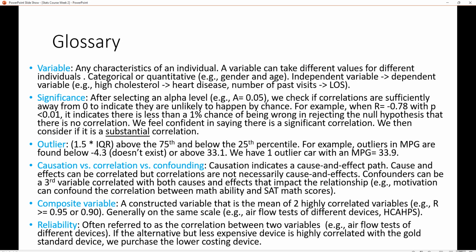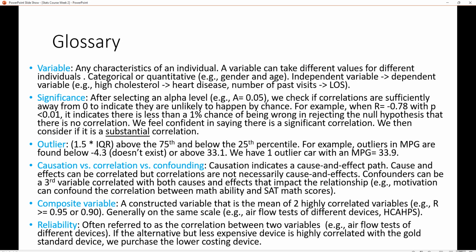For example, motivation can confound the correlation between math ability and SAT math scores. The more motivated a student is, the stronger the relationship we see between their math ability and SAT math scores. And conversely, the less motivated a student is, the less of a relationship we would see between math ability and SAT math scores.